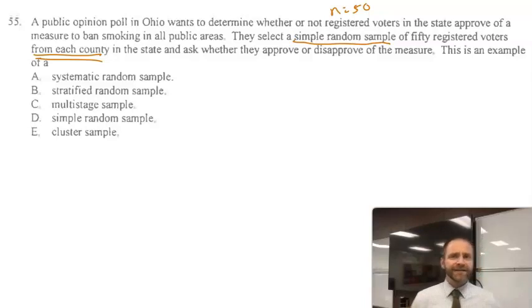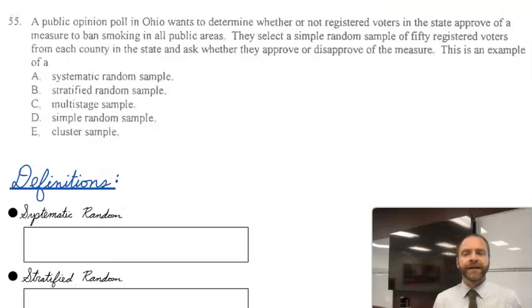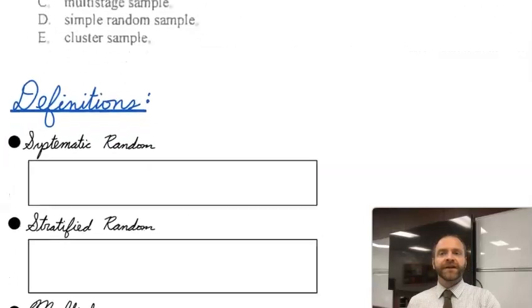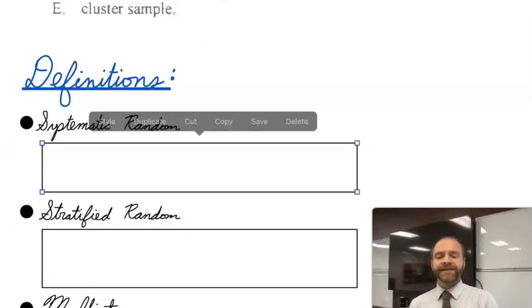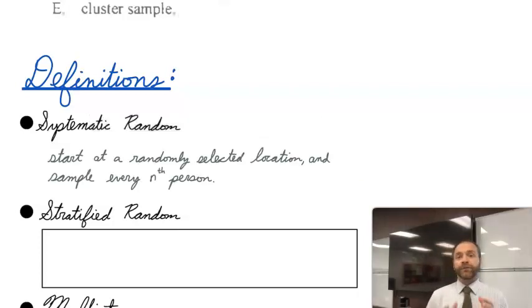But what's nice about this is a good time to review some of our definitions of the sampling processes. So, a systematic random sample. That is a sample that decides randomly where it's going to start. You randomly select a starting location, and then you sample every nth person.